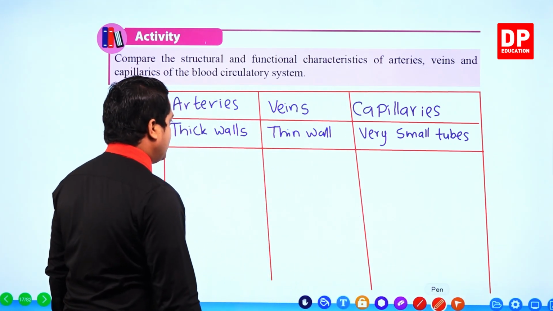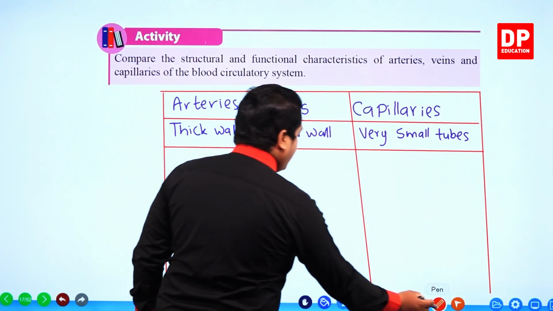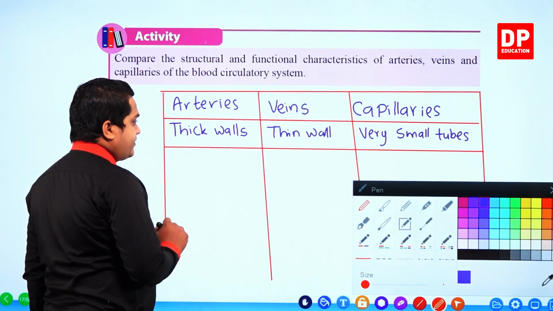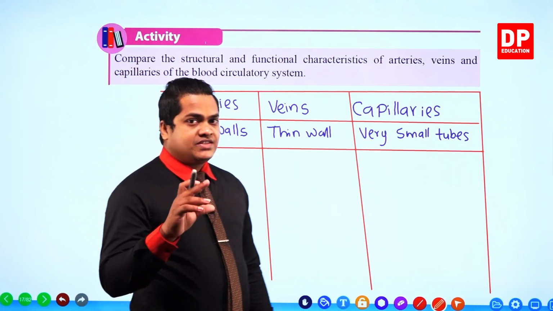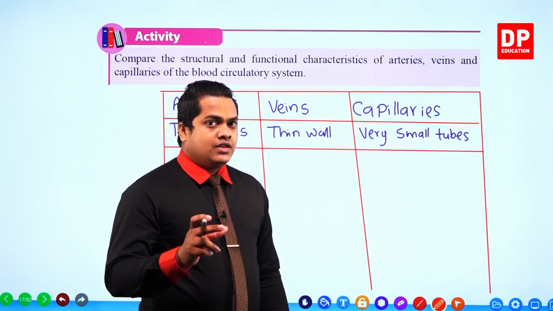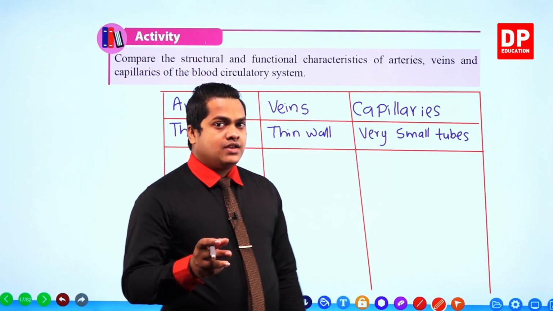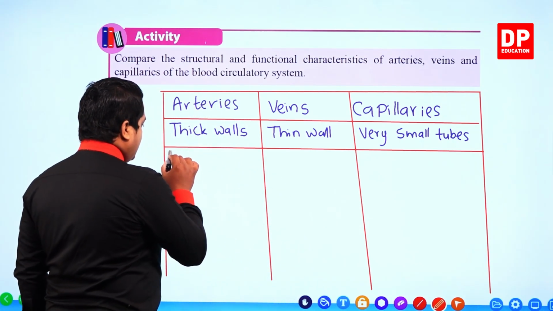Then I have told you, my dear children, that in arteries, in order to withstand the pressure, the elasticity is also somewhat higher than the others. Then we can say high elasticity.